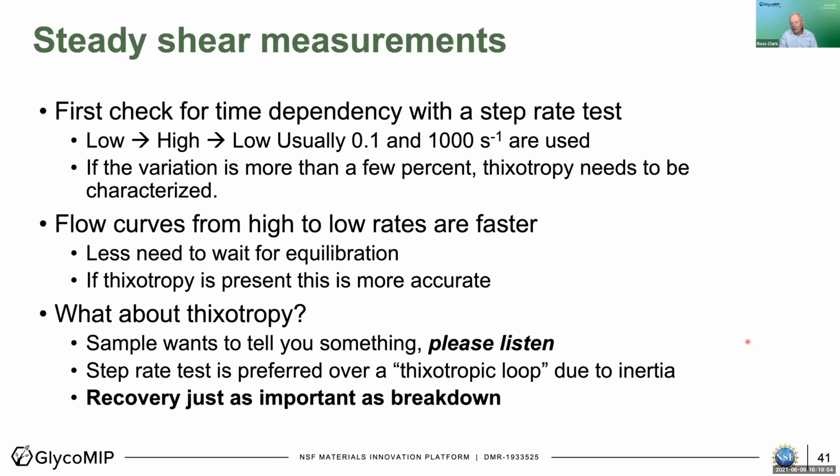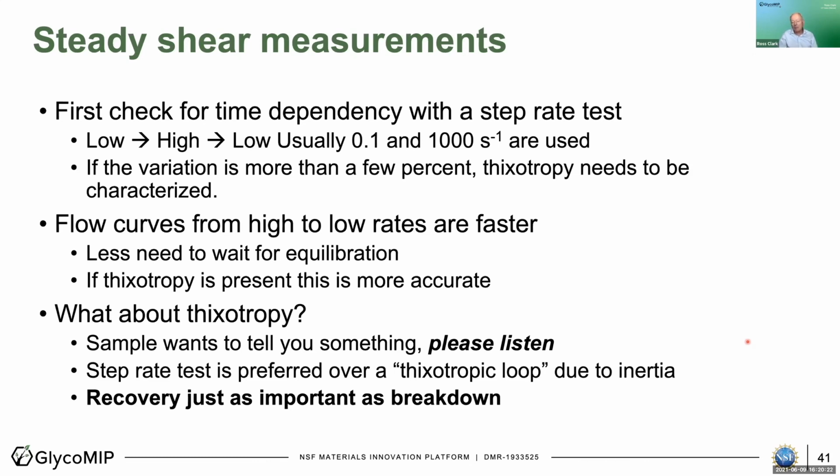And that's not a good idea because if there's any thixotropy in your sample, it's going to interfere with your measurement, which you were trying to measure, pseudoplasticity. So it's more accurate and it's faster. If I go from a high rate to a low rate, I've already developed my flow field. I can run the test in a fifth the time compared to running the test from low speeds to high speeds.